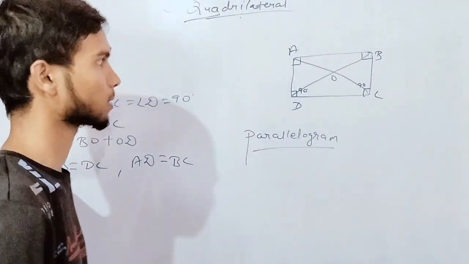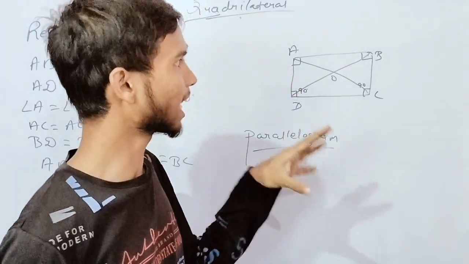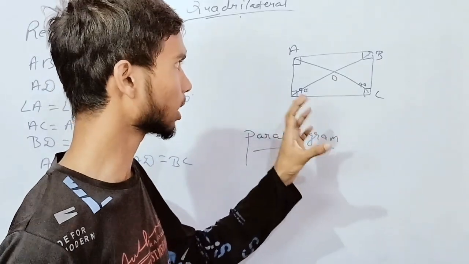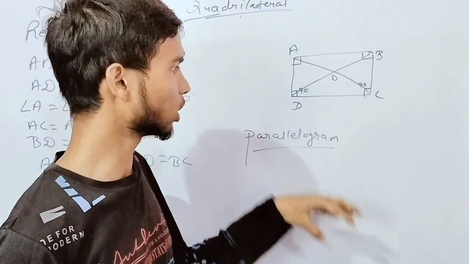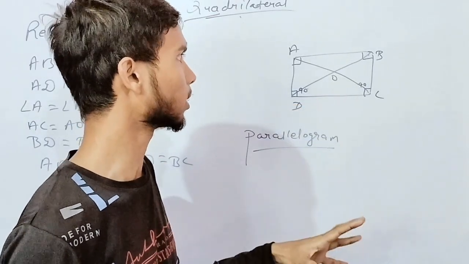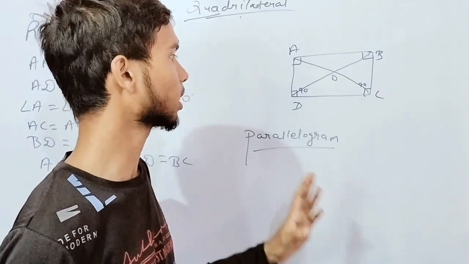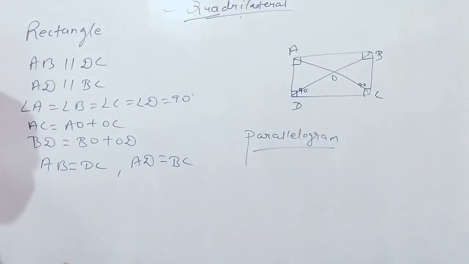You would realize that in a rectangle, each interior angle at the vertex is making 90 degrees. But in the case of a parallelogram, each interior angle at the vertex is not making 90 degrees. Okay, this is the difference between them.